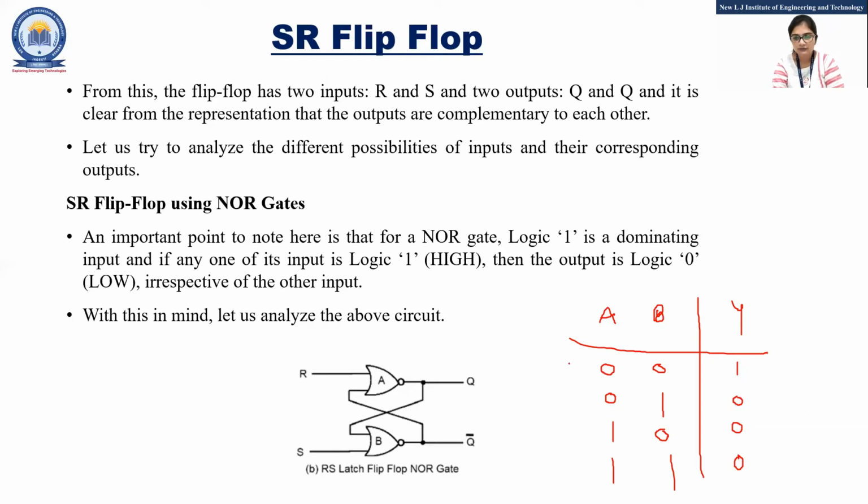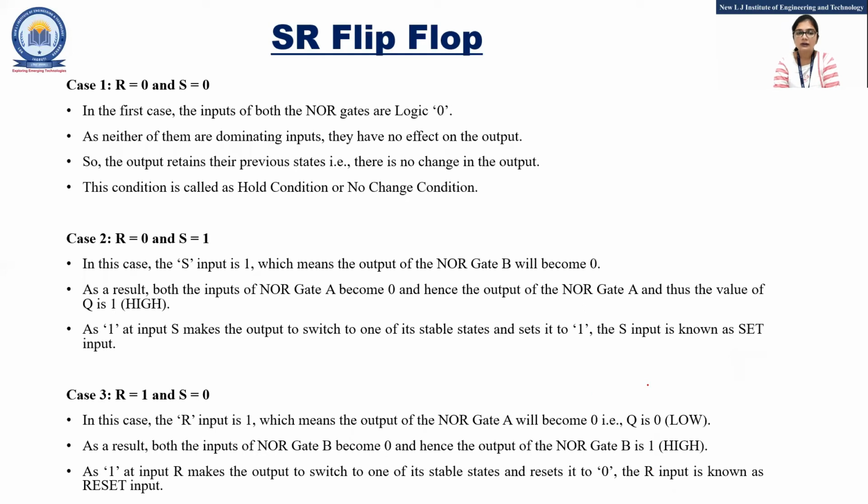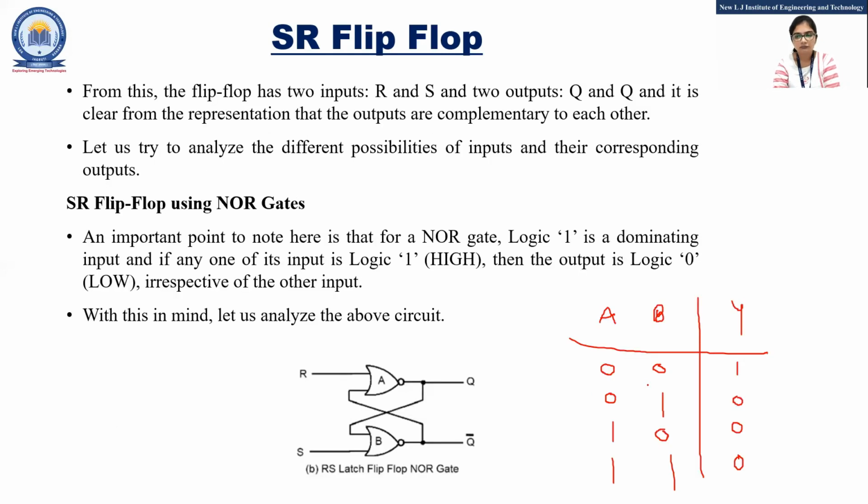First combination, say 0, 0. So there is no dominating input. Output is 1. This is the first case. Whenever R and S both are 0, then the output of the flip-flop will not change. Why?